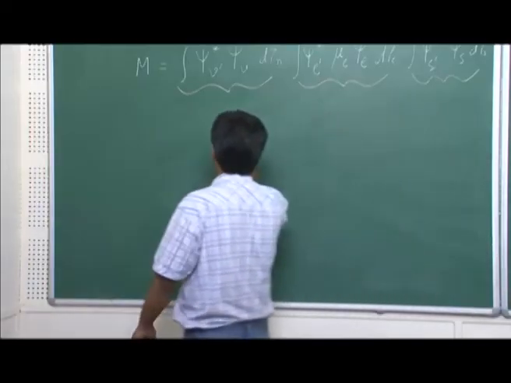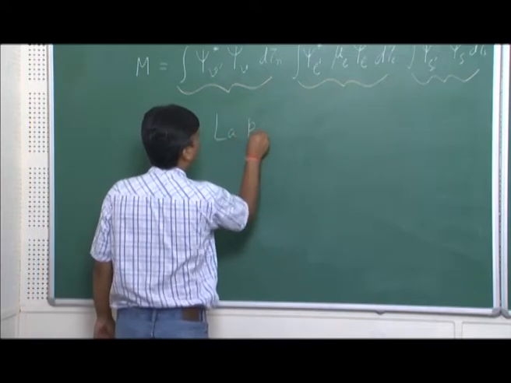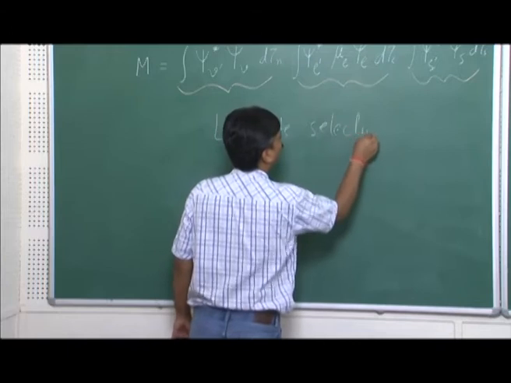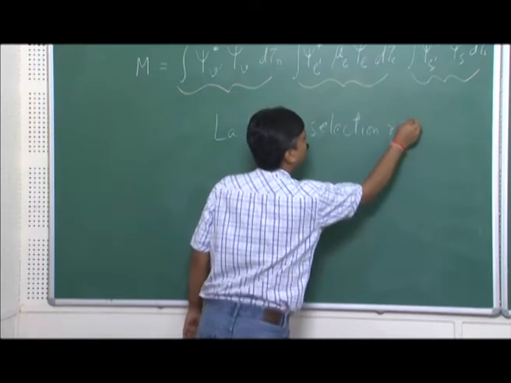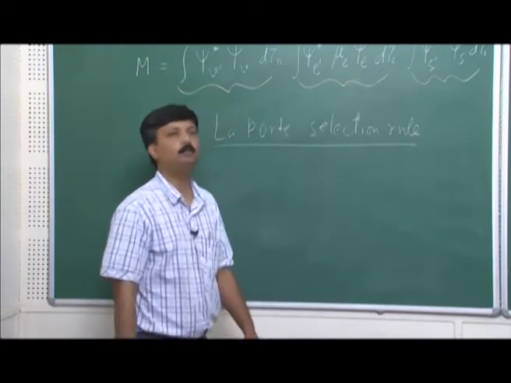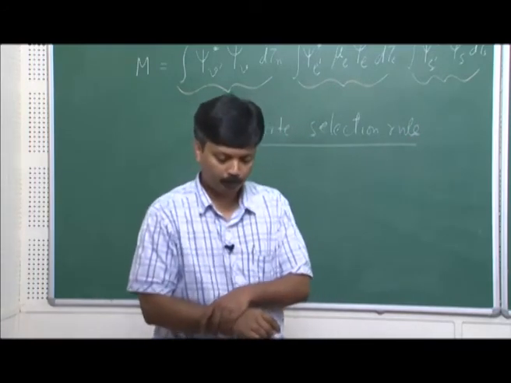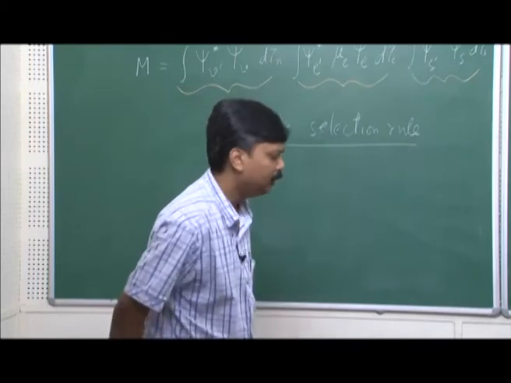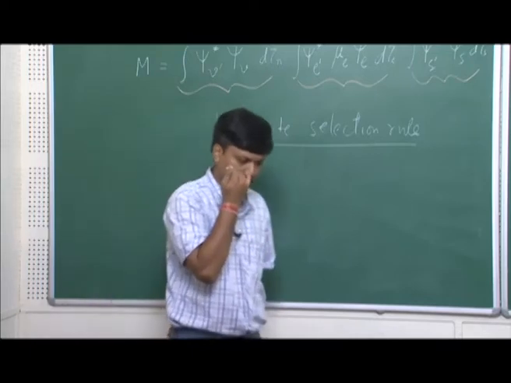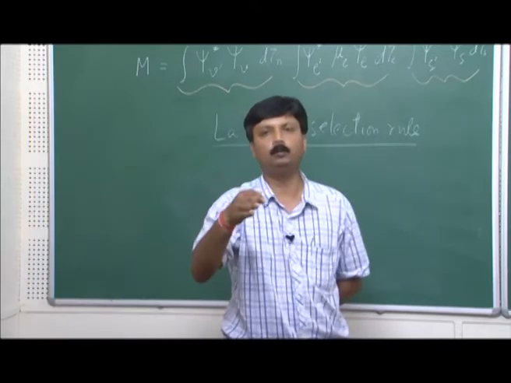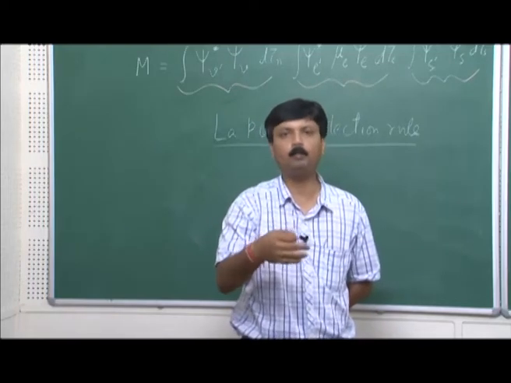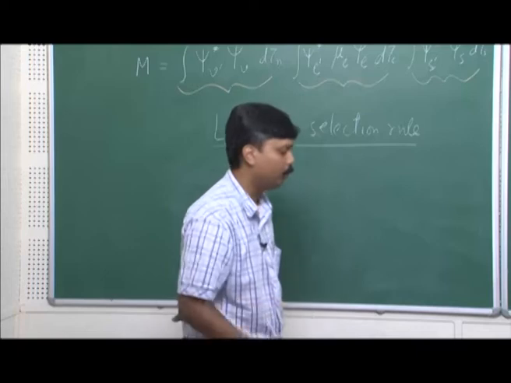The Laporte selection rule is particularly important in the case of centrosymmetric molecules. In metal complexes, the ligands mainly form sigma bonds, and the metal orbitals form non-bonding orbitals.